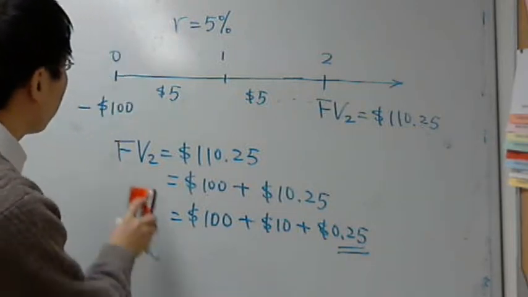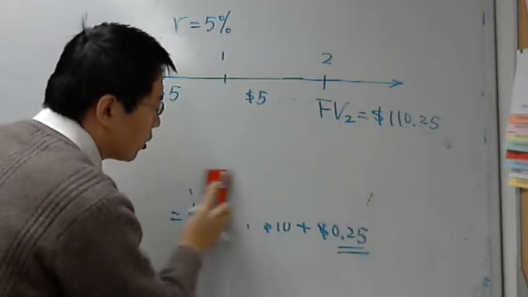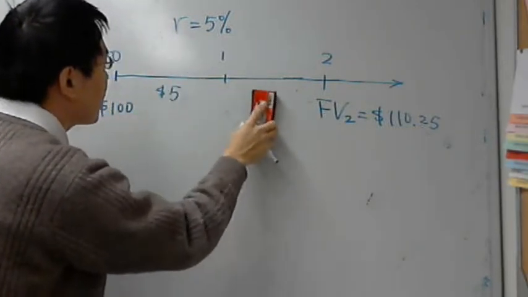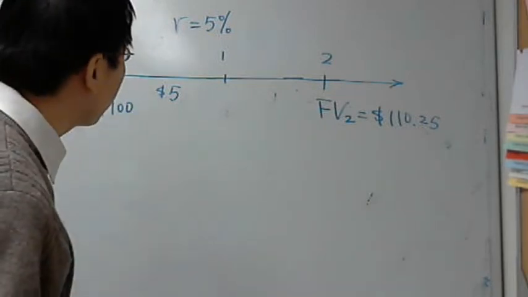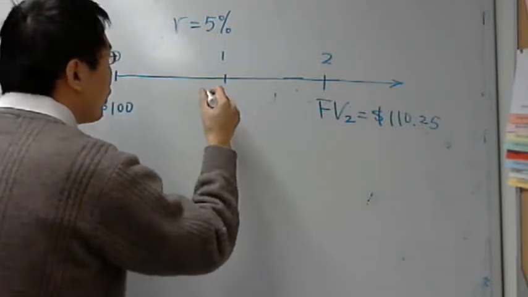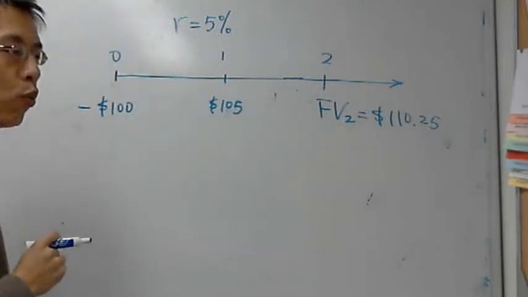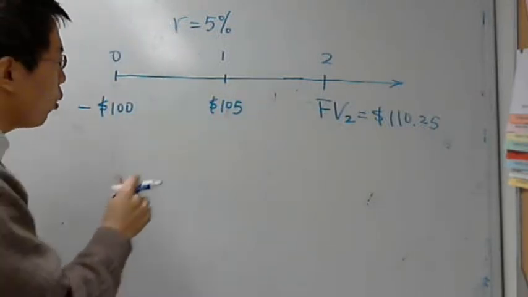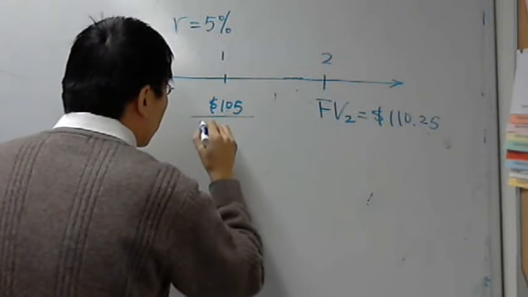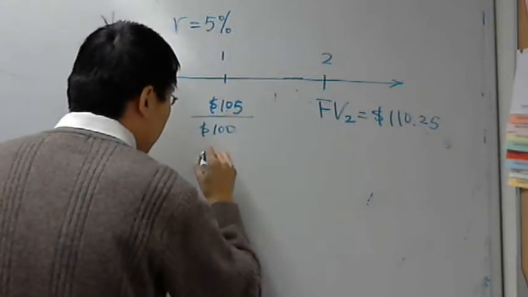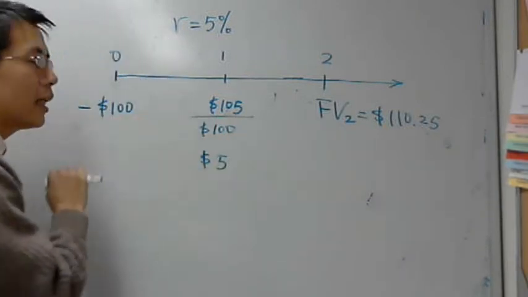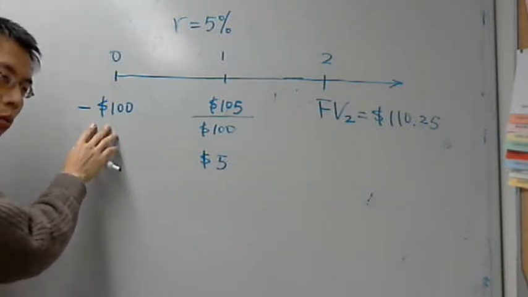Now, I will go back to this relation. Let's explain what this 25 cents is. We know the account balance by the end of year 1 is 105. Now we know the 105 has 2 parts. The first part is 100, which is the principal.